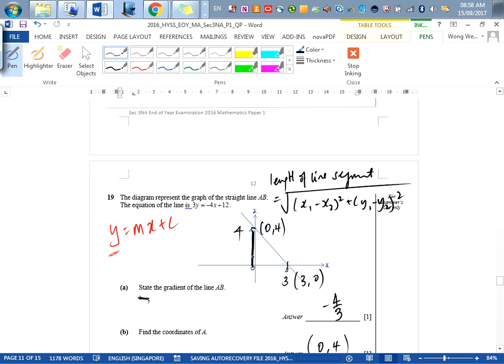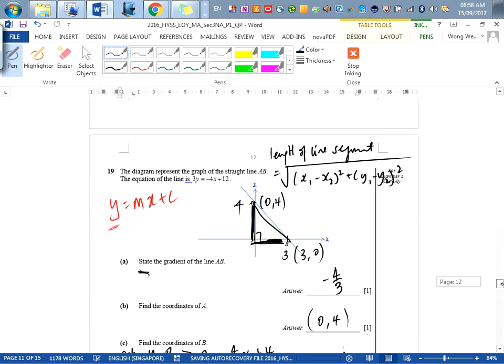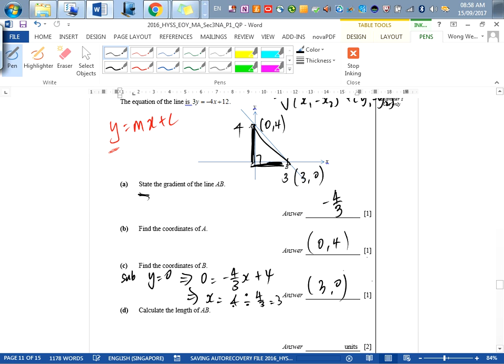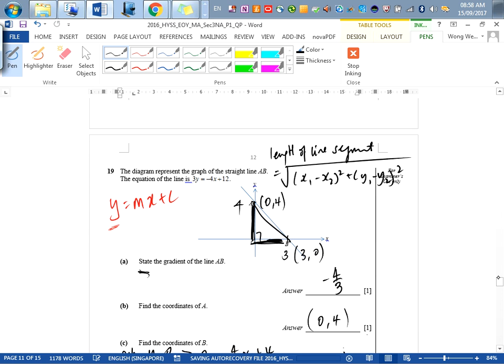Over here I have 4 units, over here I have 3 units. So how much is this? Yeah, calculate the length of AB. So this diagonal line segment will just be square root of 4 squared plus 3 squared, equals 5.